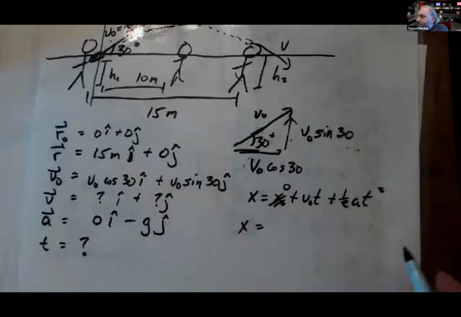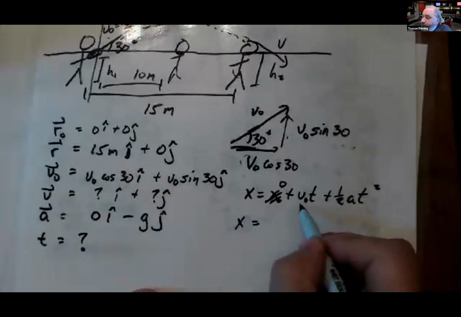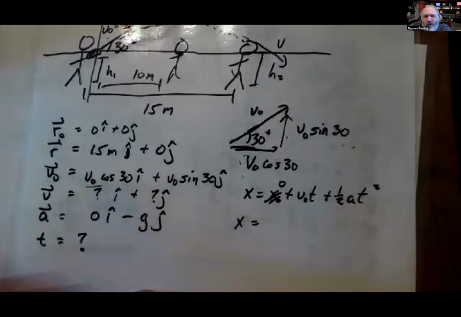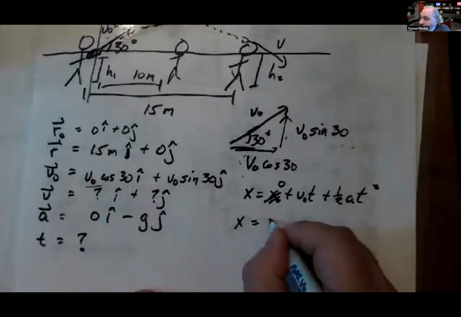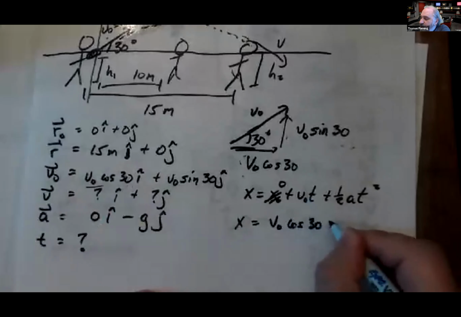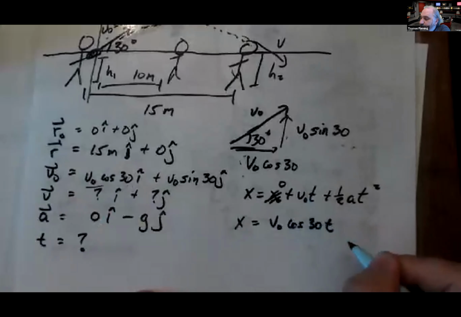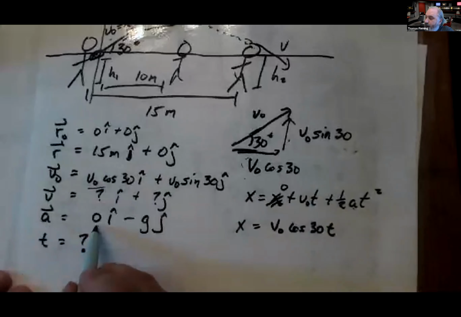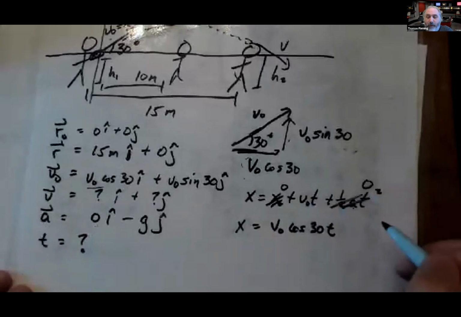Now, v initial, I don't have a number for, but I have an expression for it. I'm going to plug that whole expression in. So I'm going to have v initial cosine of 30 times whatever t is. And in the x direction, the acceleration is just 0, so that whole term drops out.